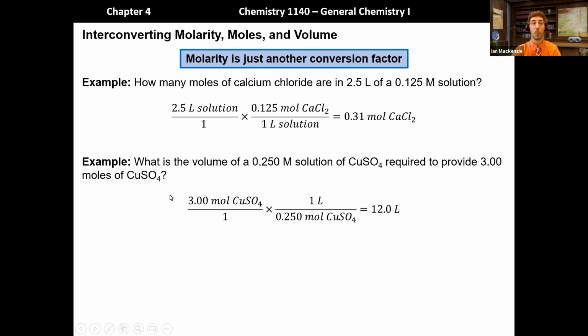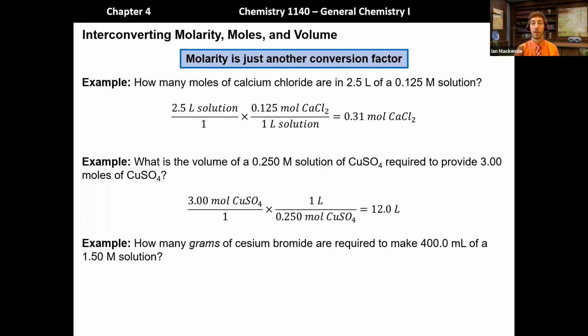I'll start with moles, and then it's 0.25 molar, or 0.25 moles is equal to 1 liter, so that's a conversion factor. I can put liters on top or liters on bottom as I need. In this case, I want liters on top because I want to cancel my moles, so I'll put the 0.25 moles on the bottom so that that cancels, and I come out with a certain volume in liters.